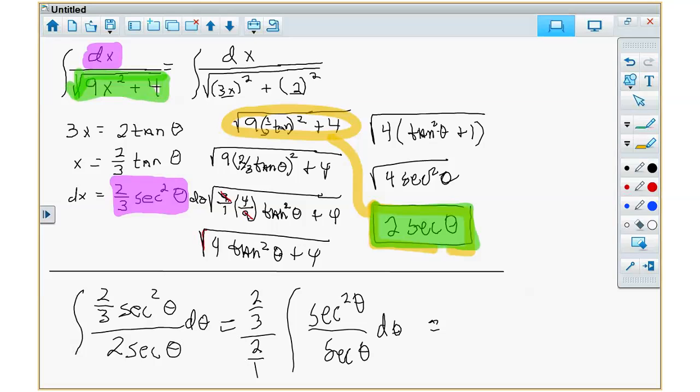The 2's cancel, and you're left with 1/3 antiderivative of secant theta d theta, which is, ain't that secant plus tangent or something?